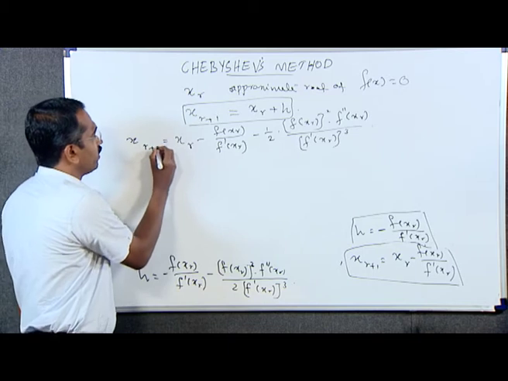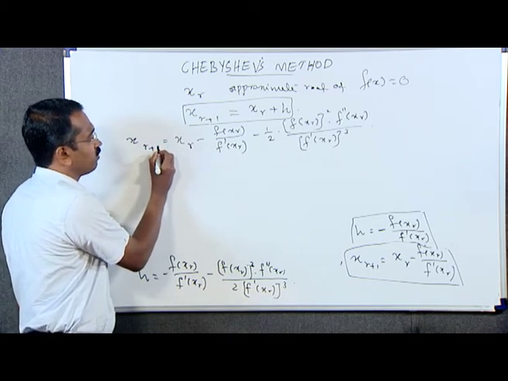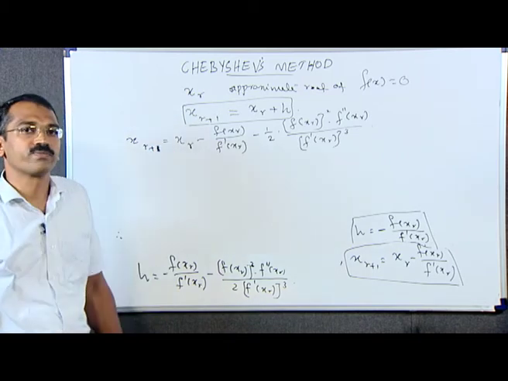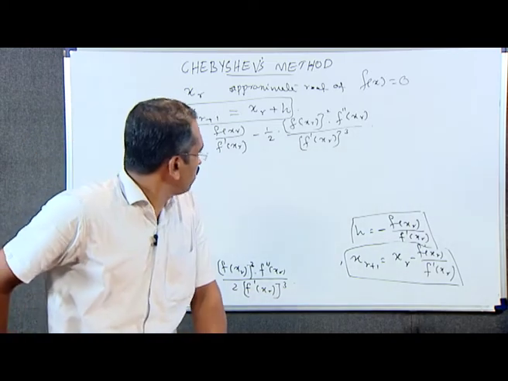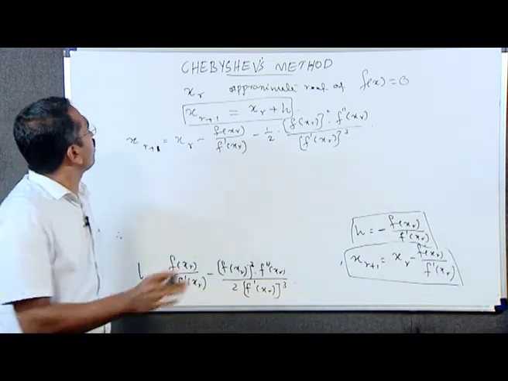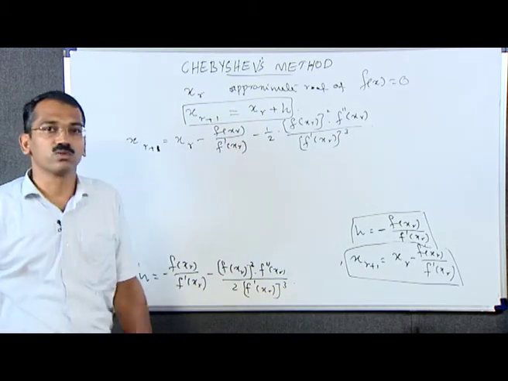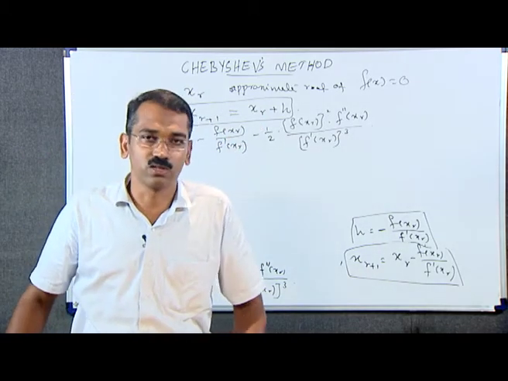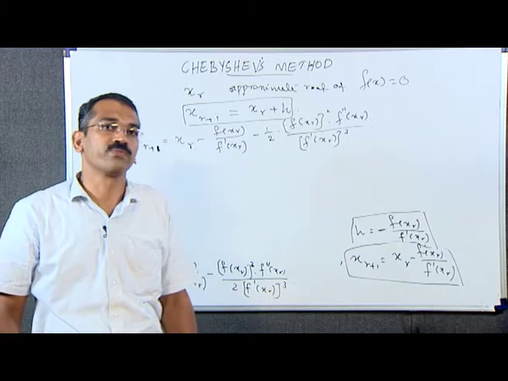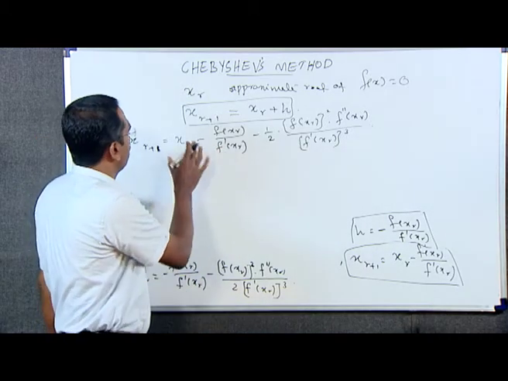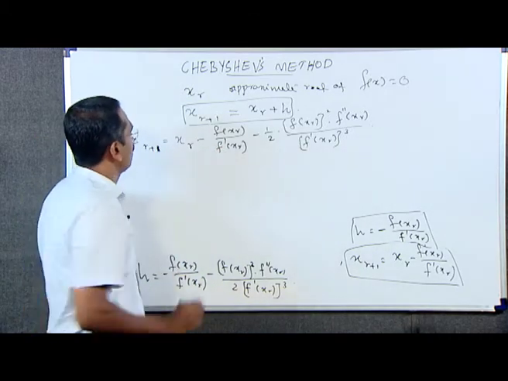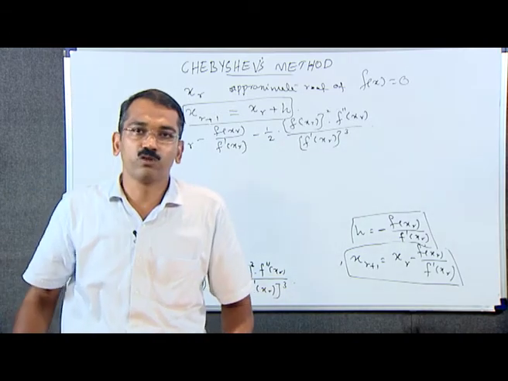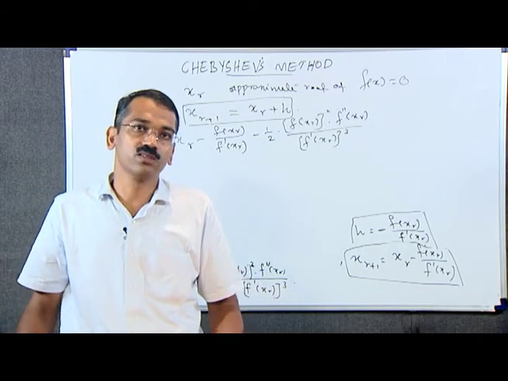This formula can be used as an iterative formula in order to get a better approximation of the exact root of the given equation f(x) = 0. This is known as the iterative formula used in Chebyshev's method.